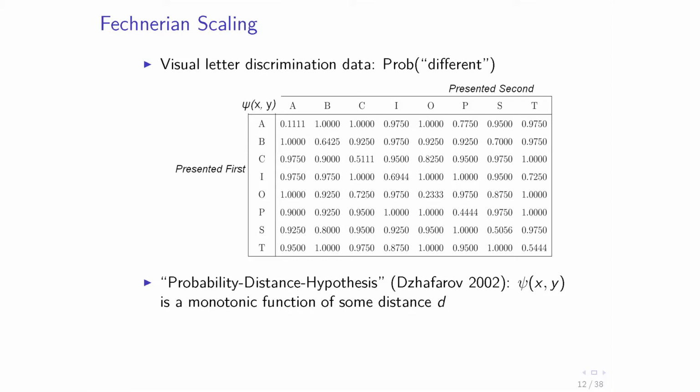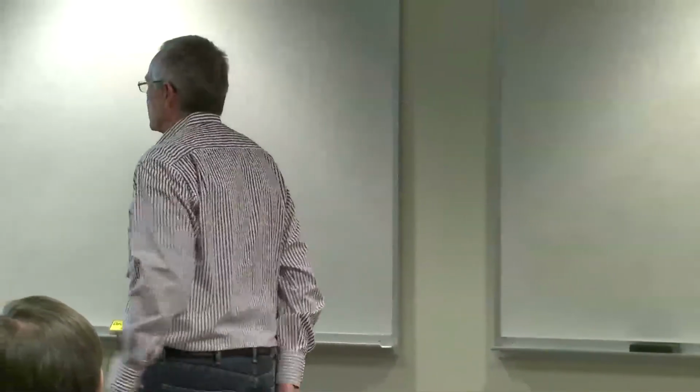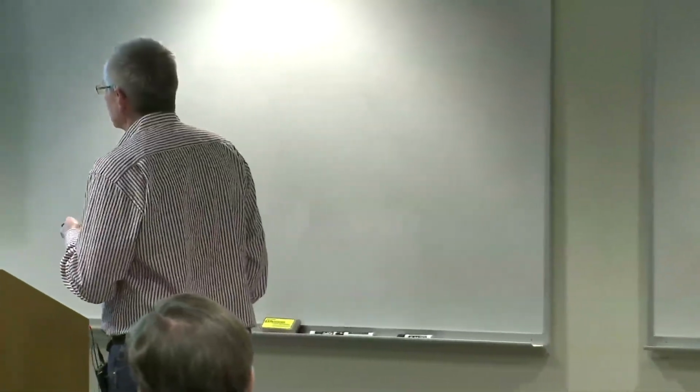This is obviously not the case here, because a monotonic function of some distance d would require these probabilities, for example, to be symmetric, and to be constant in the main diagonal. Also, we haven't checked it here, but the triangle inequality is not satisfied in this data set, for example. So in other words, we don't find metric properties in our raw data.